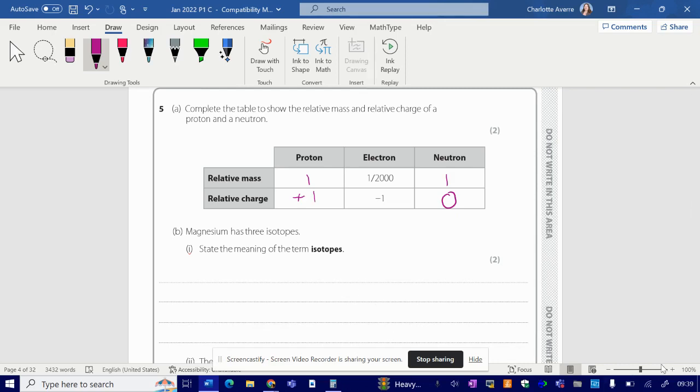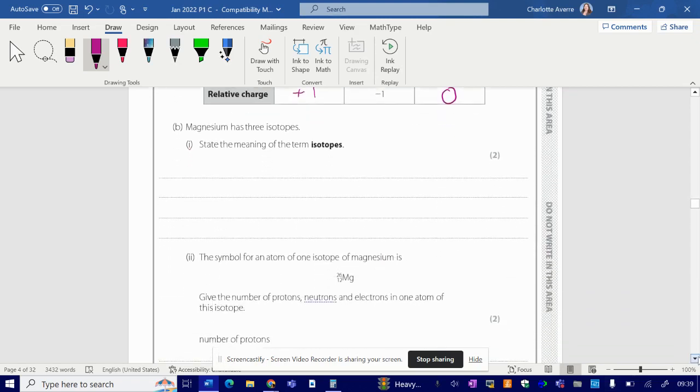Okay, the meaning of the term isotopes. So here you've got to be careful with how you start it. They are atoms of an element, and the word atoms is really important here.